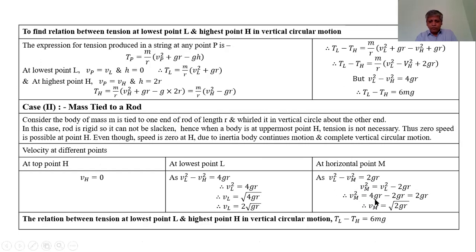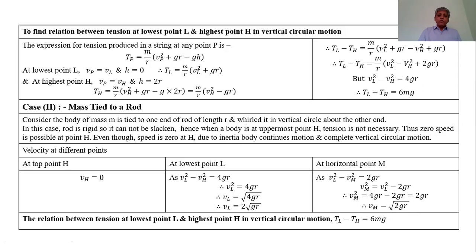Therefore, VM square is equal to 4 times GR minus 2 times GR, that is equal to 2 times GR, and therefore VM is equal to square root of 2 times GR. These are the expressions for the speed at the highest position, at the lowest position, and at the horizontal position in the case when the point mass is tied to a rigid rod which has massless or negligible mass. Remember this.